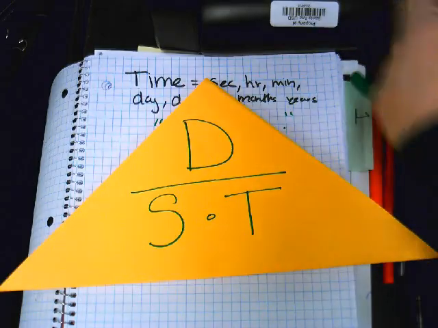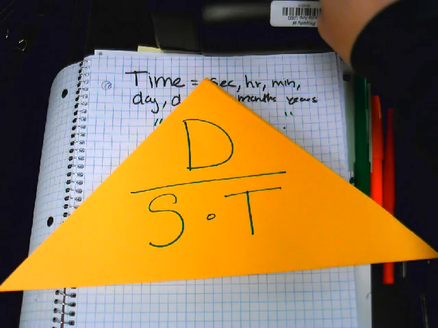It has to be this big. Position does matter. So this big, in this order, with the division, with the dot for multiplication.